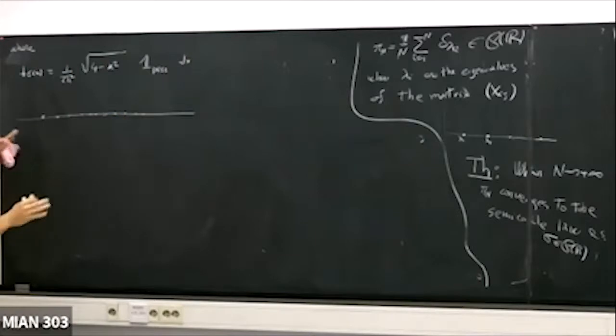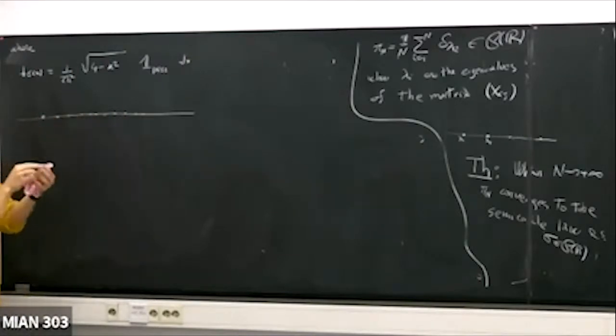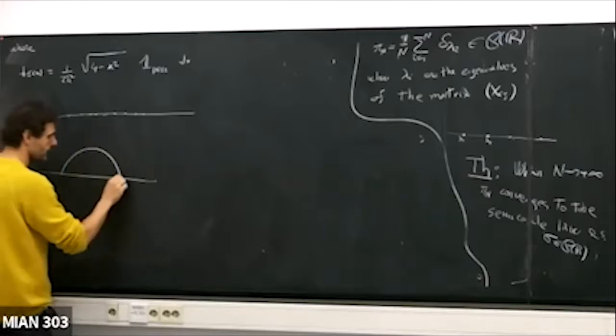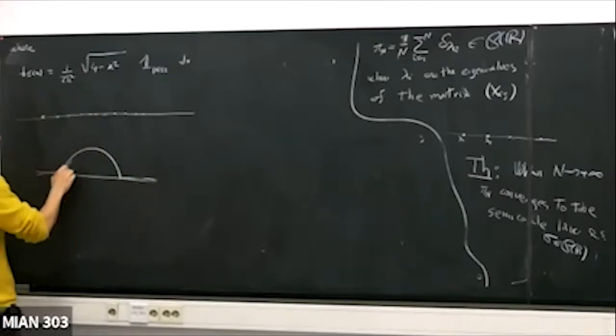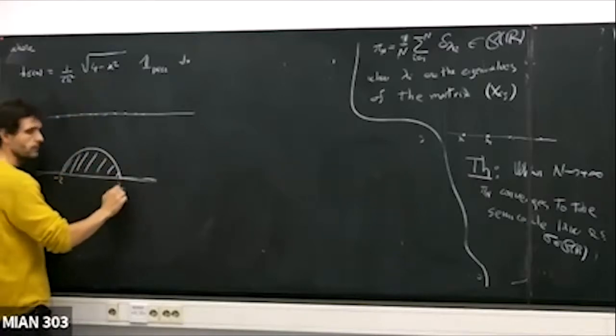When n becomes larger and larger, this law becomes more and more continuous, and the limit has a density which is like this. This is just this picture. But this is the density. So this is minus 2, 2.